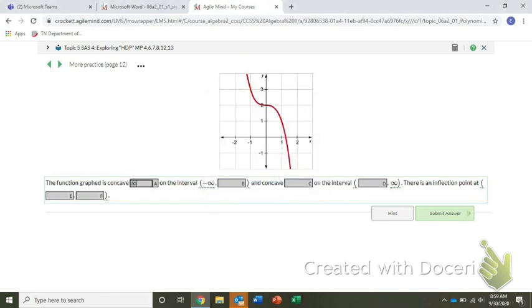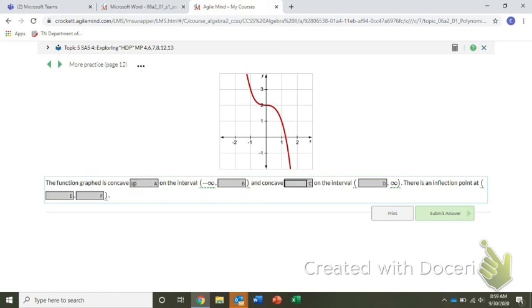So that will be concave down. Then it says it goes concave. Oh, that's wrong. I'm so sorry. That's not concave down. What is that? That's concave up because the end is pointing up. I'm so sorry. And then it goes on the interval from negative infinity to blank.